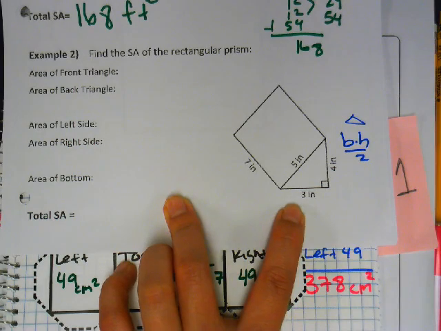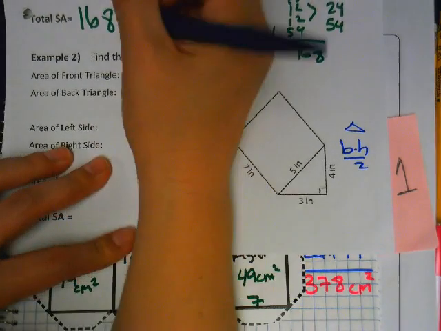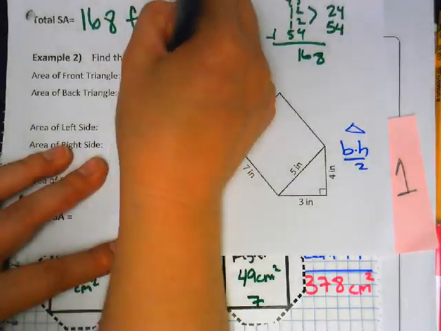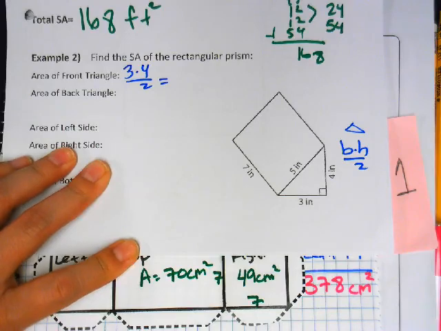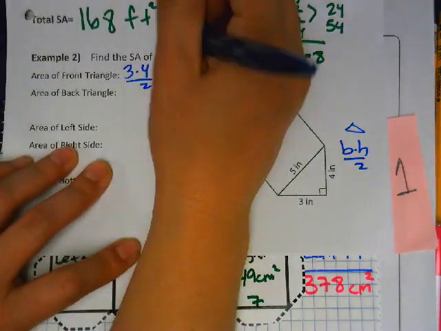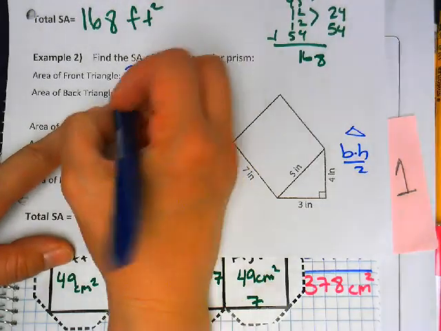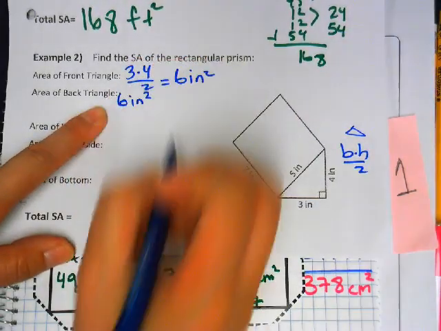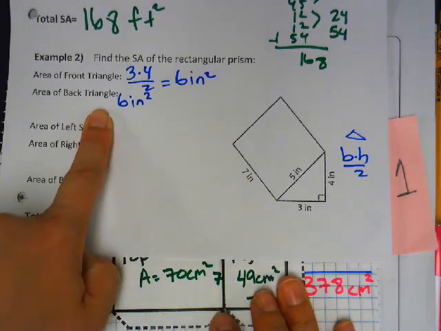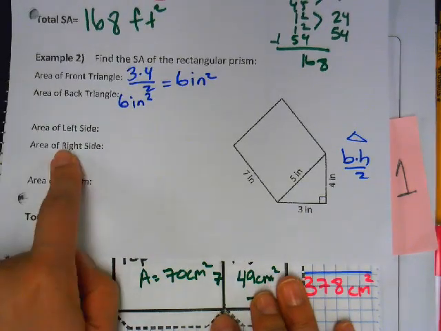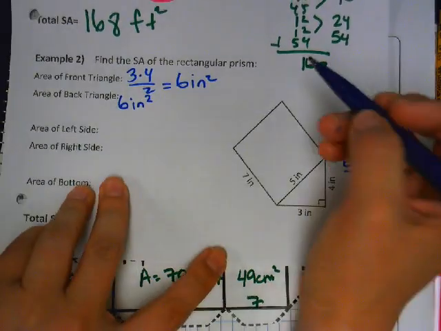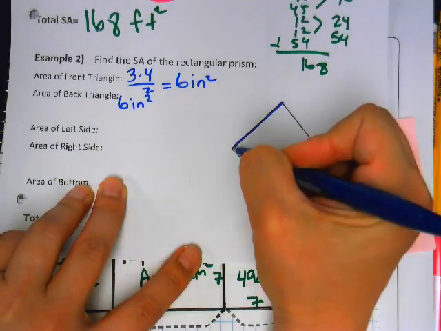The 3 is not needed for the triangle. So 3 times 4 divided by 2 is equal to 6 inches squared. So this one would be 6 inches squared. Make sense? Okay. Left side, right side. The left side would be this one right here.